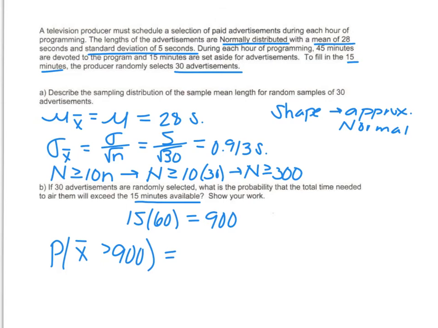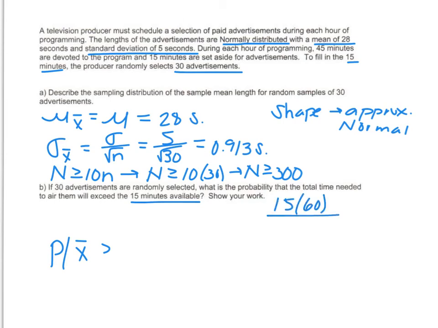So you know what, instead of looking at all of them combined, let's find an average. That's what we really need. So if we're referring to 15 minutes that are available, 15 minutes times 60 seconds divided by the 30 ads that we have should be 900 divided by 30, which is 30. So we want to know the probability that the average ad is more than 30 seconds.